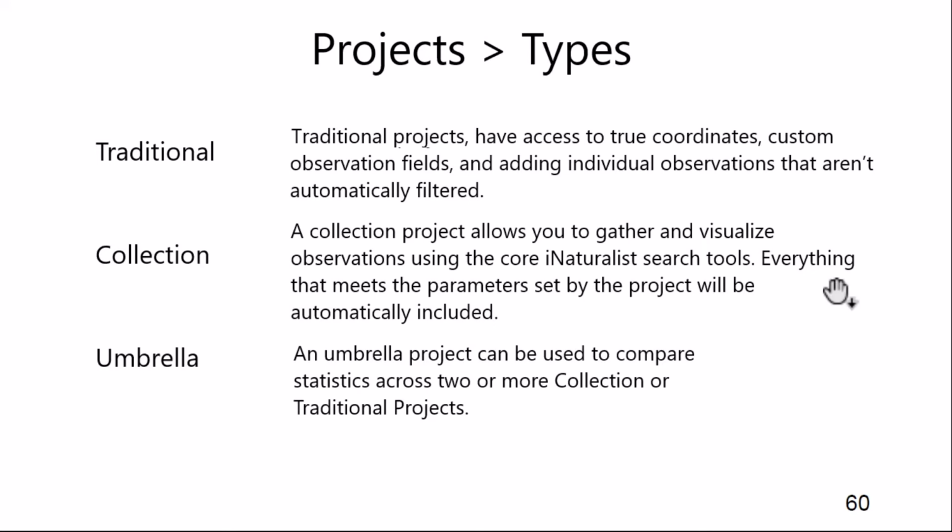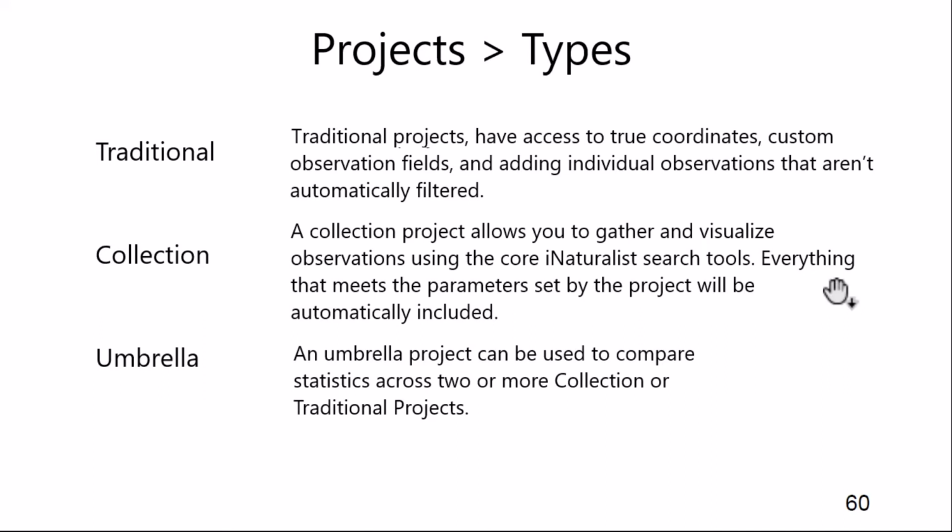And if you have a project that's smaller than that, that observation will show up in iNaturalist, but it will never show up in your project. So you will never see an eastern box turtle in a South Carolina State Park project, even though there are box turtle observations in there, because there are no South Carolina state parks that are bigger than 18 by 22 kilometers. There just aren't.